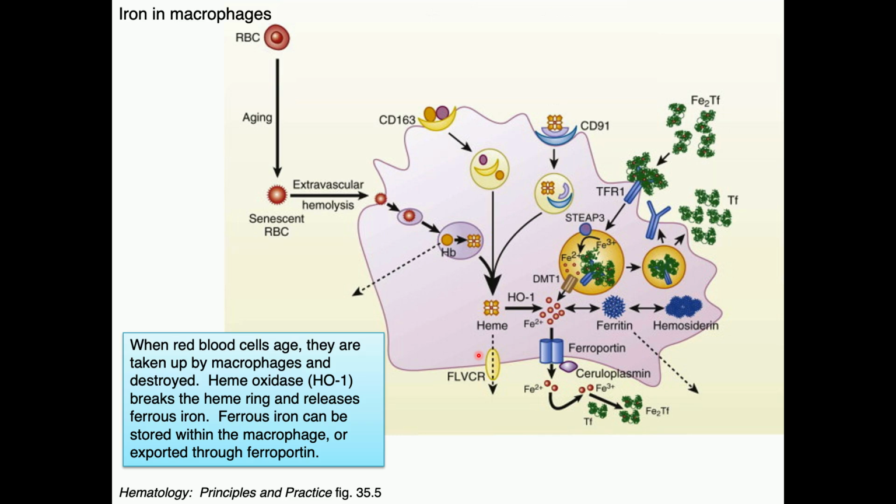As far as the iron from that red blood cell, the heme is released as the hemoglobin protein is digested, and then there is a heme oxidase which will release the ferrous iron into the macrophage. Now, the macrophage is just about as important as the gut epithelial cell in terms of making iron available, right?